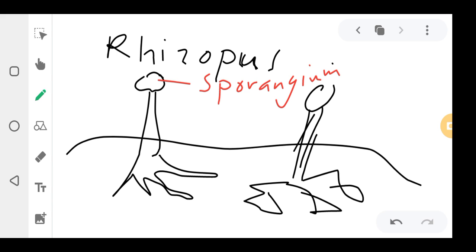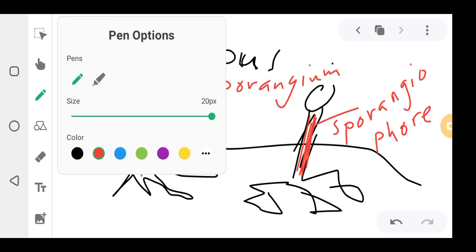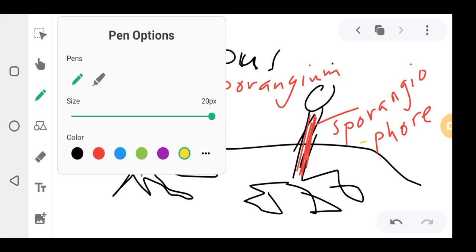And then this one that looks horizontal, like a horizontal stem. The vertical stalk is called sporangiophore.